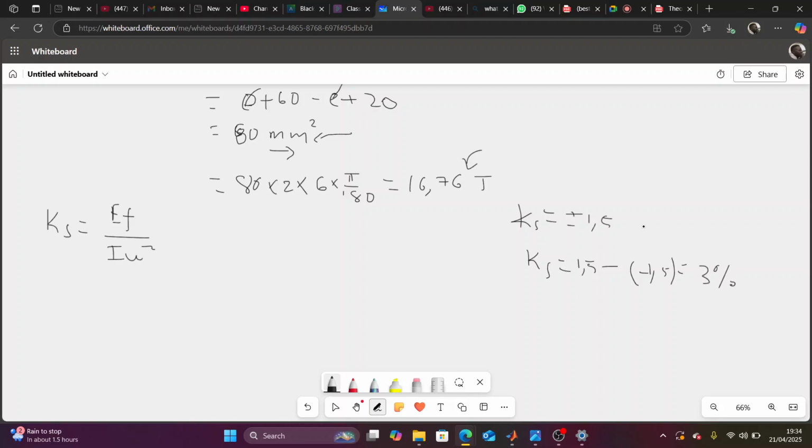But remember, you do not have to do it like this. What I've said in class, even with others, if you are doing this type of problem and they say the Ks is plus minus, you just take this value and multiply it by 2. You don't have to do this long. Now I'm just explaining to you why it is 3.